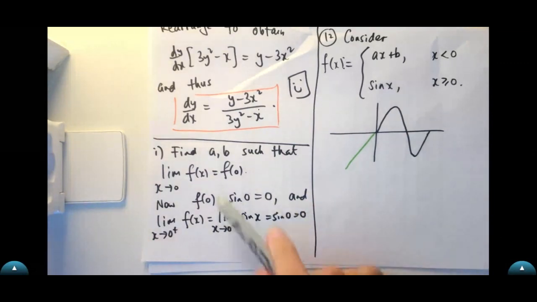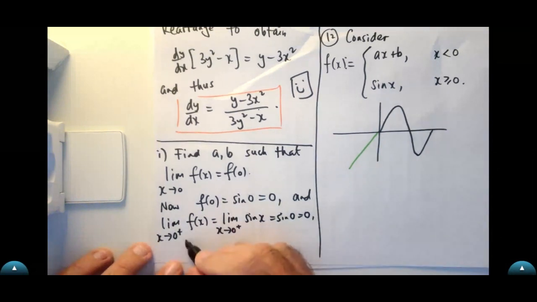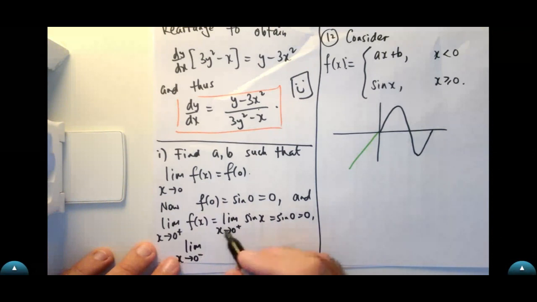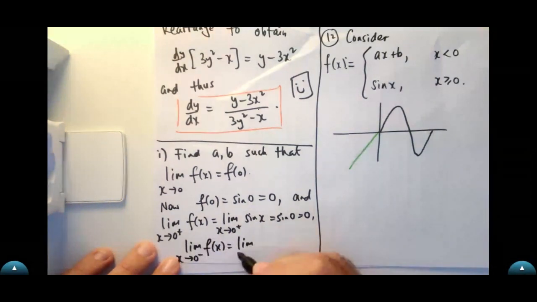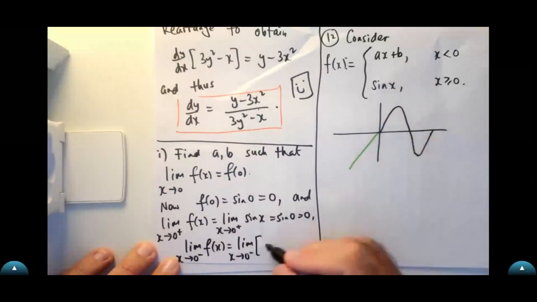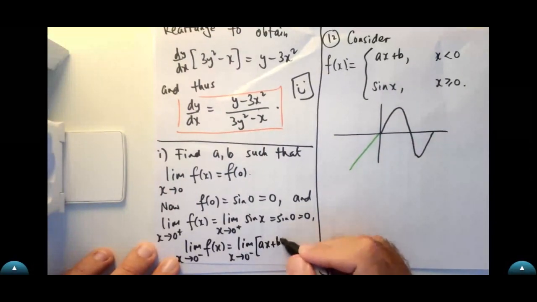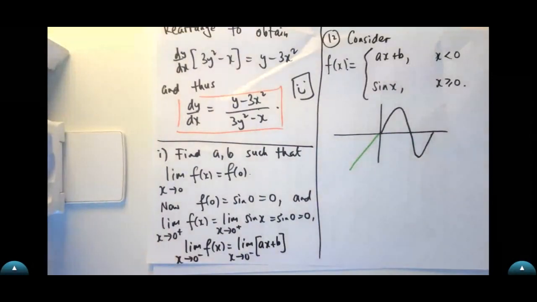So it's looking good there. We haven't actually found a or b yet. Let's come in from the left. That's going to be ax plus b.